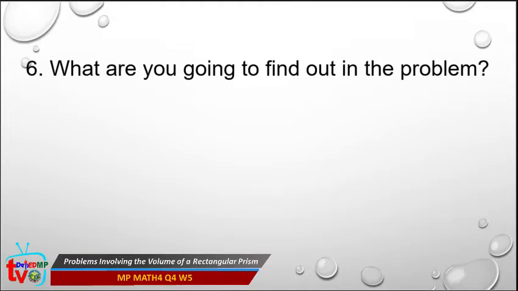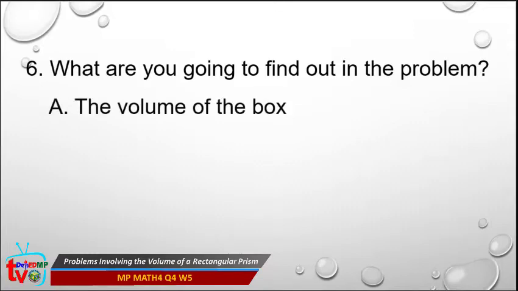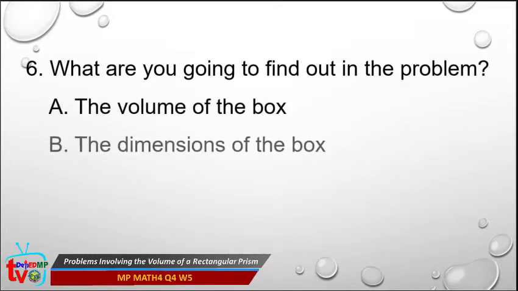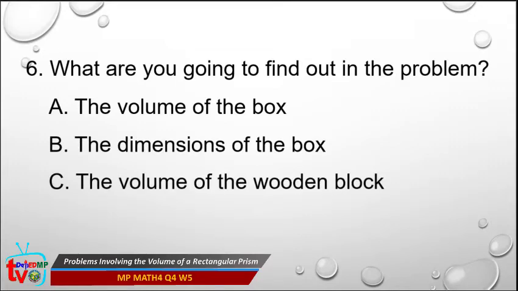Number 6. What are you going to find out in the problem? A. The volume of the box. B. The dimensions of the box. C. The volume of the wooden block. Or D. None of the above.